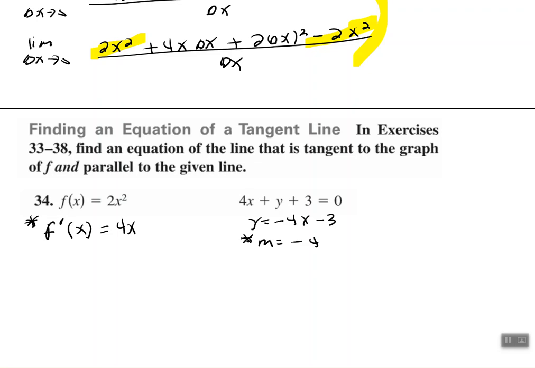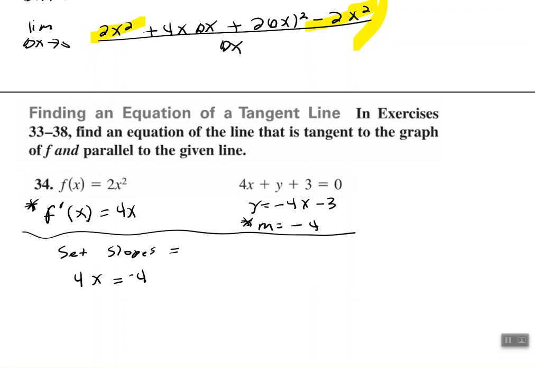So now, after I found those slopes, I'm going to set the slopes equal to each other. That will put me on the path to finding the point on the line that's tangent to this curve that's also parallel to the given line. All right, so f prime of x equals m.